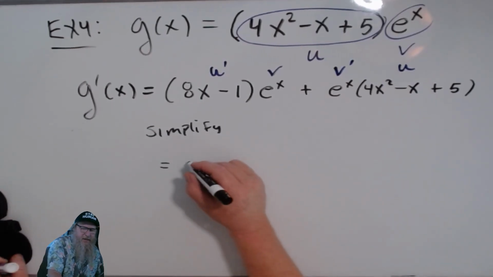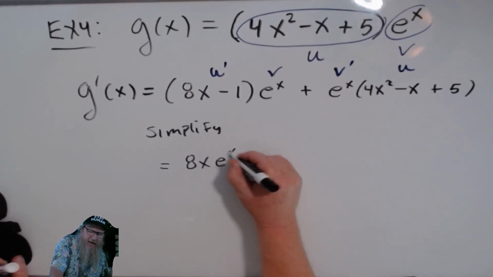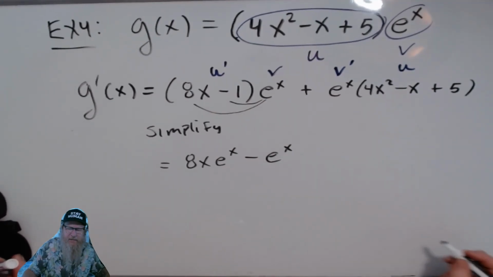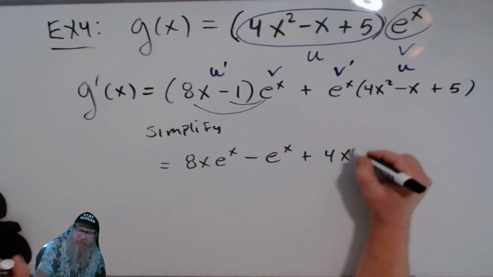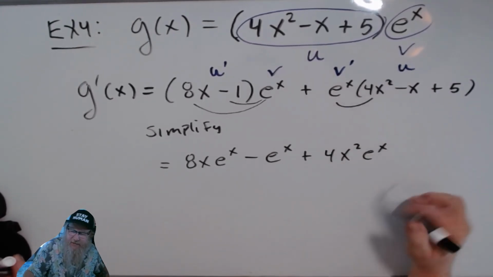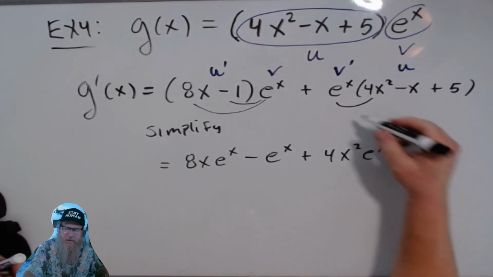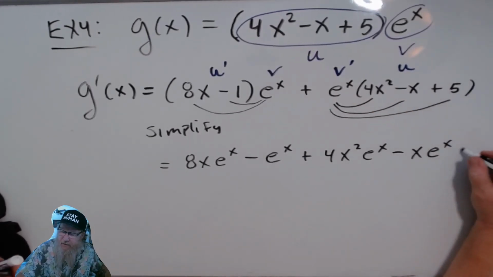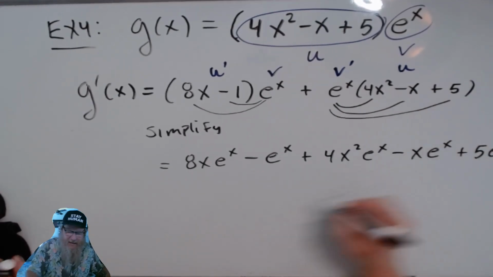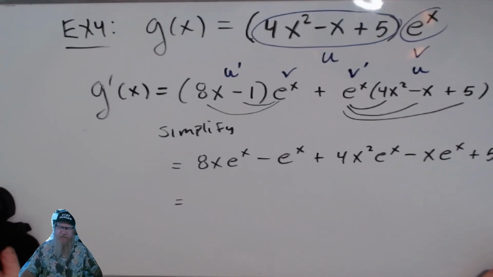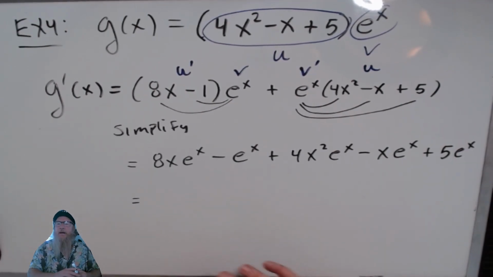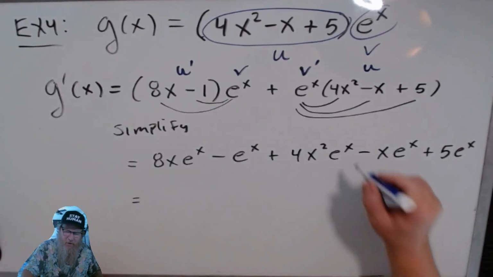So you're going to get 8x e to the x minus e to the x plus 4x squared e to the x minus x e to the x plus 5 e to the x. Now we're going to combine these and put them in order.